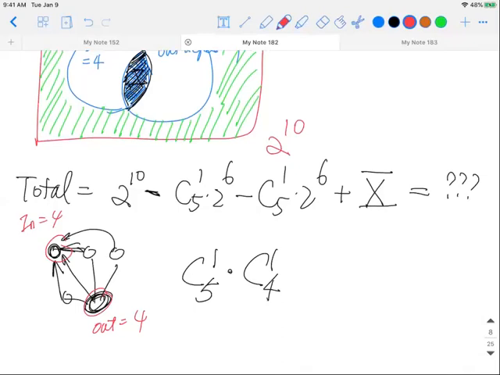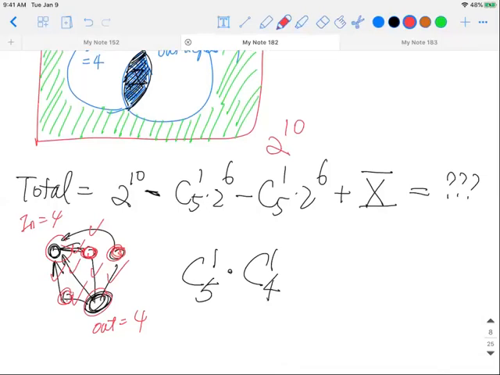You have 3 towns, but how many roads remaining? 1, 2, 3, 4, 5, 6, 7. You have 3 roads remaining.